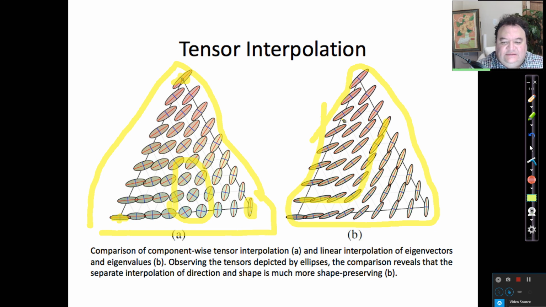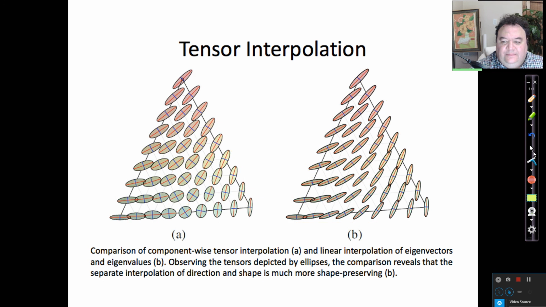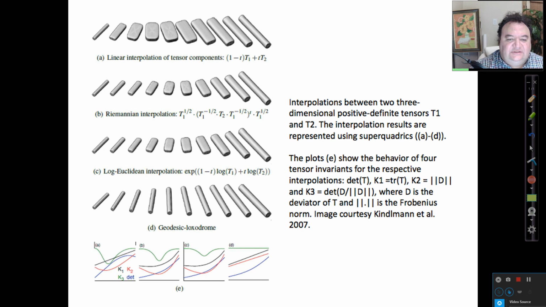And so it's more intuitive to think of them as rotating, as in the interpolation on the right, instead of becoming isotropic as we see in the middle, and then anisotropic again on the right. And so those are typical interpolation challenges that happen a lot when we deal with rotational structures.